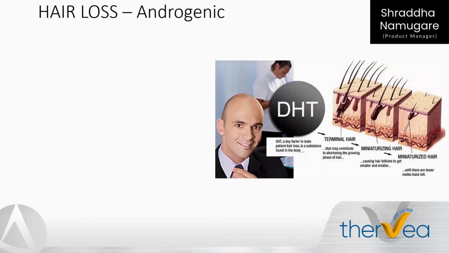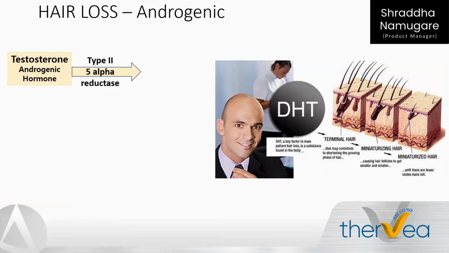DHT is a hormone that ideally affects hair loss in males. Whenever there is excess secretion of testosterone, it gets converted into a hormone called DHT, which then goes and affects the hair follicle, causing hair miniaturization. Hair miniaturization is followed by hair fall, and baldness takes place because of all that.